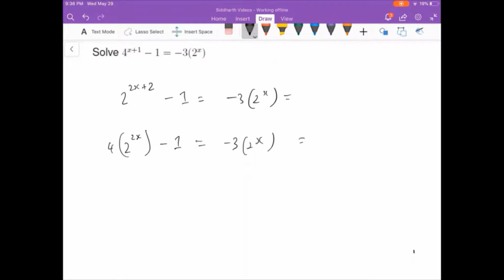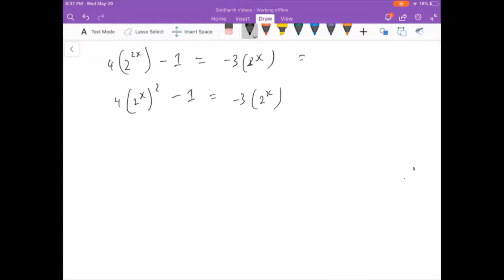And now we can rewrite 2 to the power of 2x as 2 to the power of x whole squared. Now let's get all the terms to the left hand side.